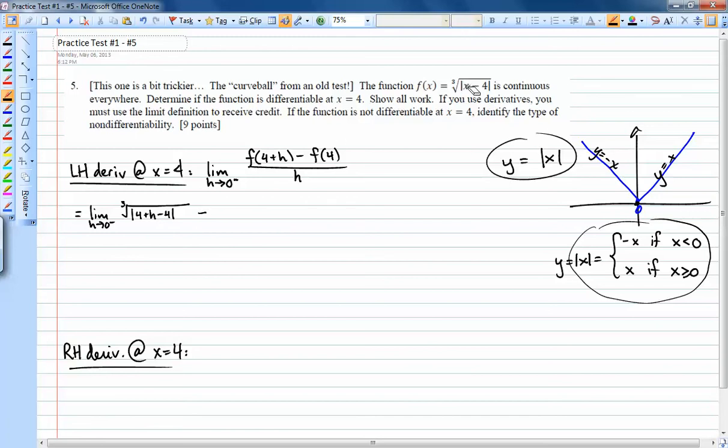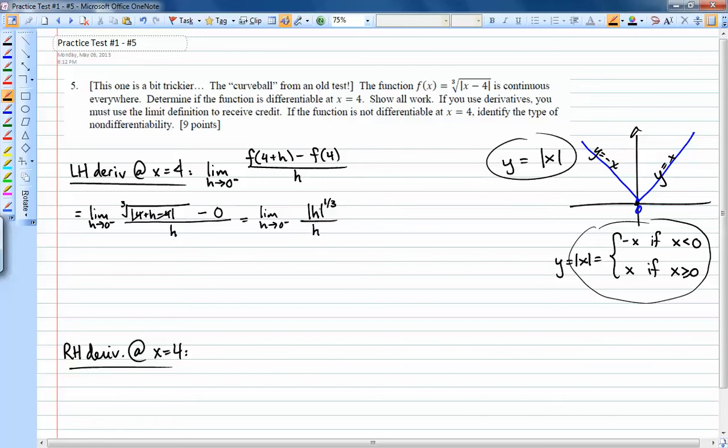And if you plug in 4 into this, you can see that you just get 0 all over h. And so then that's going to turn into limit as h goes to 0 from the left of, and then this cancels here, and I'm left with the absolute value of h inside a cubic root. Now at this point I'm going to switch the cubic root to the 1/3 power instead, all over h.